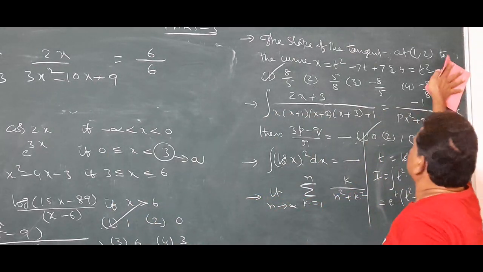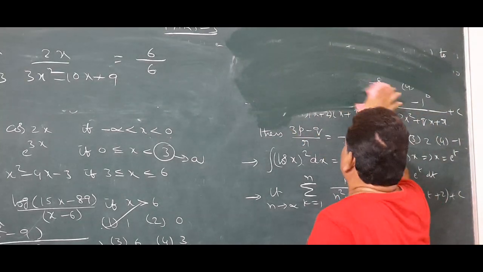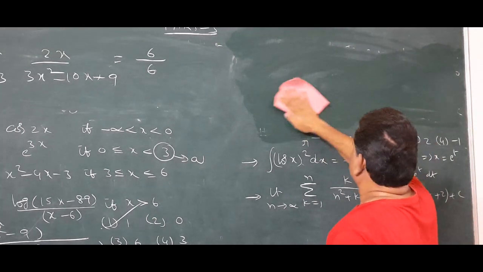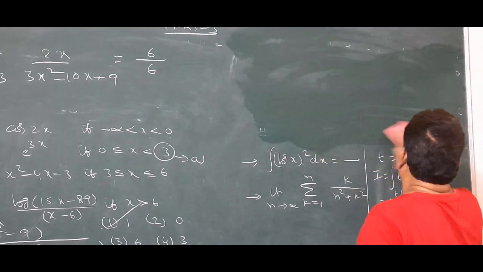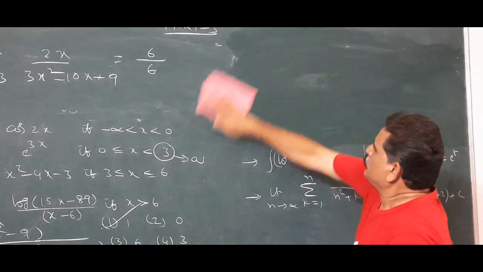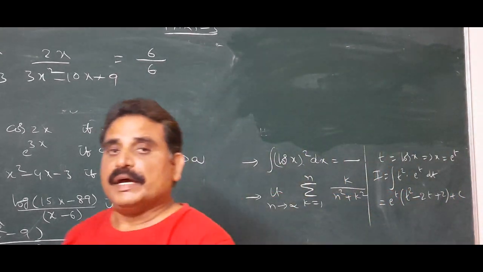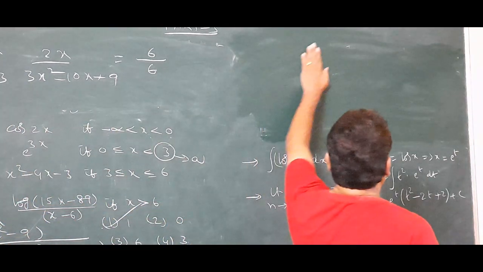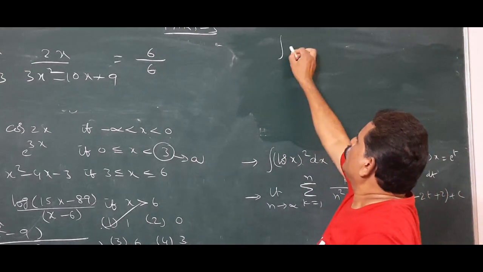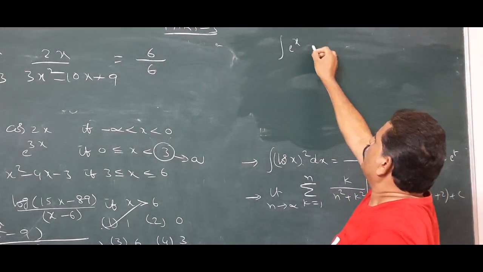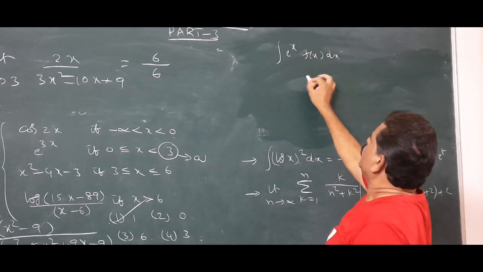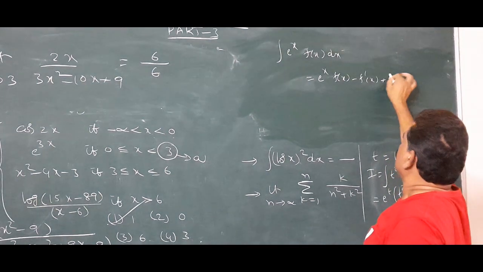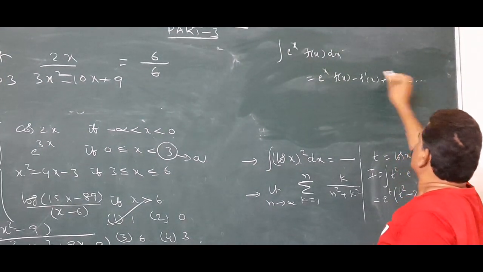If f(x) is a polynomial, then we can easily integrate: the integral of e^x f(x) dx equals e^x into (f(x) minus f'(x) plus f''(x) minus, and so on alternately).